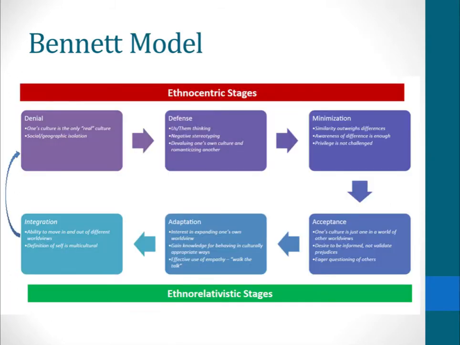And now that we've reviewed all 6 stages, I'd like to revisit the entire model to point out an important piece of the model. We've walked through it in a linear fashion, but the special piece about this model is that if you look to the left side of the diagram, you will see an arrow that connects from integration back up to denial, making it cyclical.